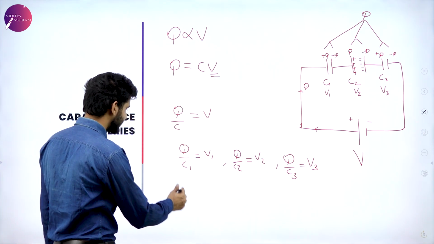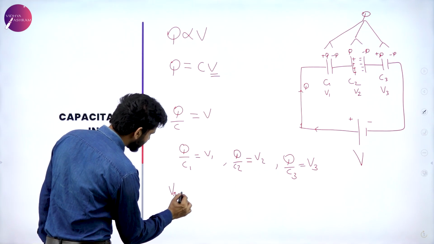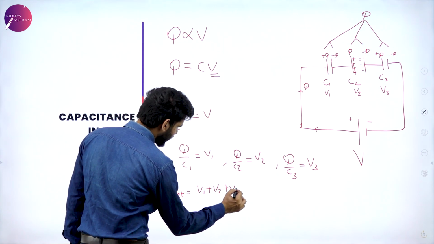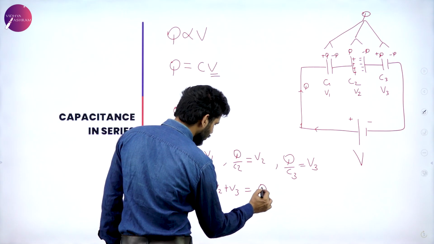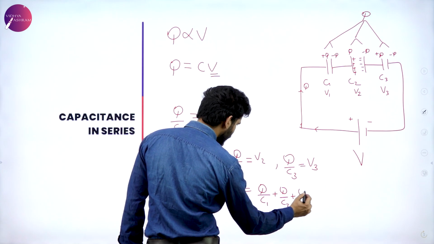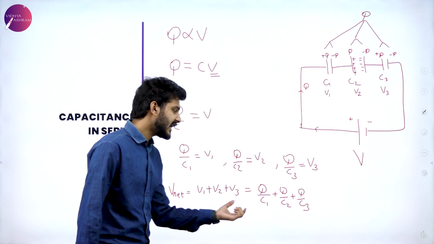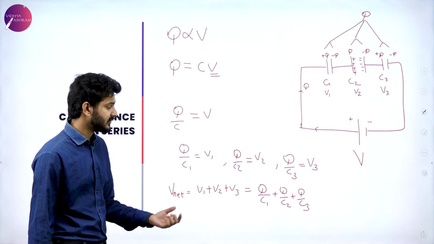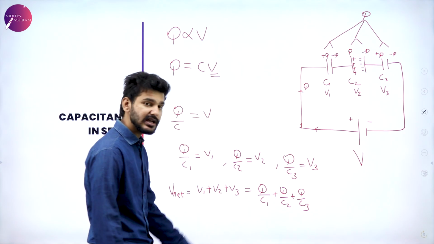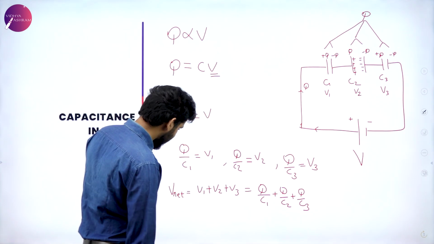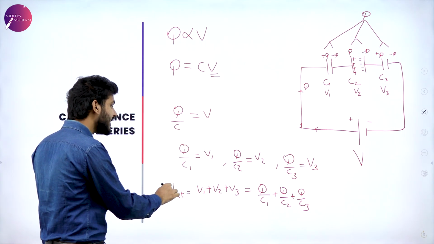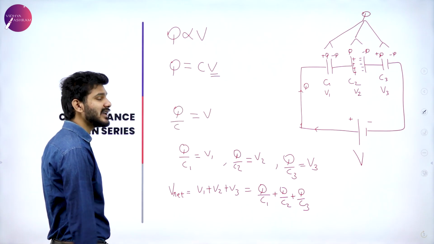In order to find out the net potential across these three, we only have to add them together, which means that the net potential V net can be found through V1 plus V2 plus V3, which is equal to Q by C1 plus Q by C2 plus Q by C3. So adding this together, we will get the net potential V. We can see that Q is common everywhere. So I'm going to write this equation in a different form. We know the equation V is equal to Q by C, which means that V net is equal to Q net divided by C net.